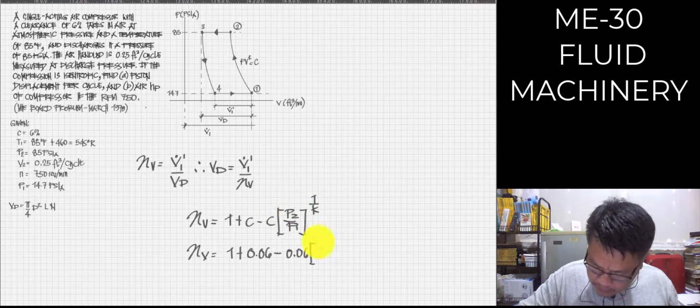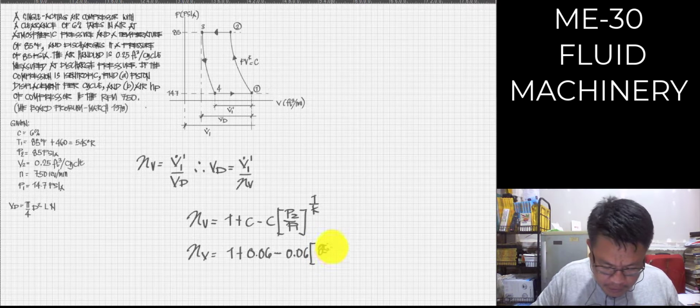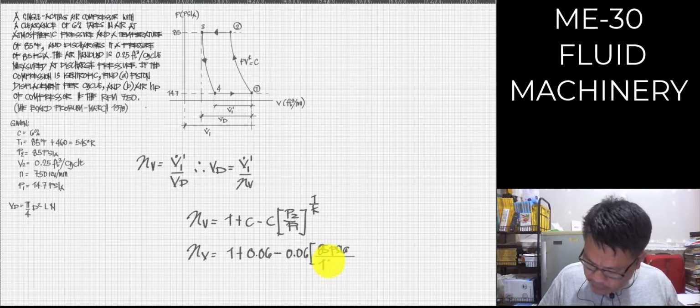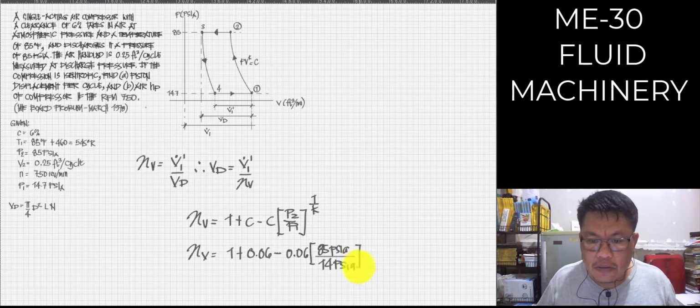So this is 85 psi absolute. Then we shall be dividing this one by our value of pressure 1, which is 14.7 psi, so this is also absolute. Okay. Then raise this one to 1 over K.